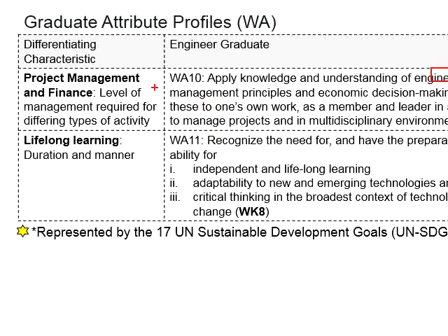This is about engineering management, taking into considerations the economic aspects, not only about the knowledge, but also having the ability to apply those in various ways, such as in their own works, as a member or a leader in a team, to manage the project under the multidisciplinary environment.